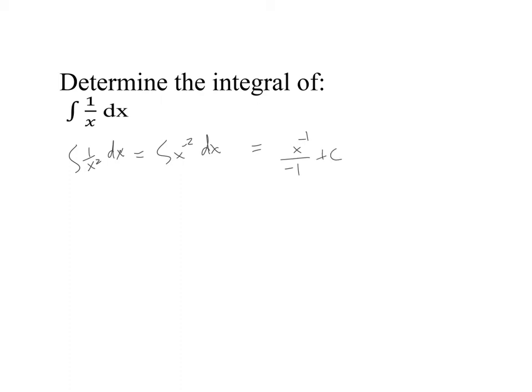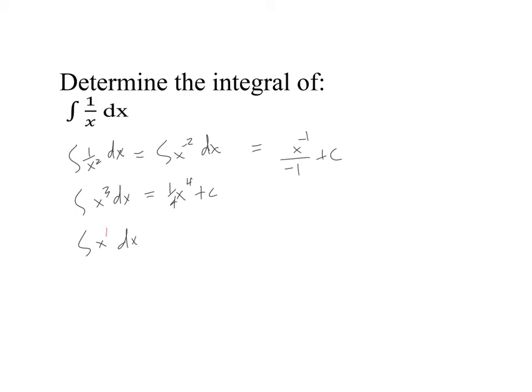So if it was a positive, like 1 over x squared, it worked fine. If we had just a regular positive exponent, obviously those ones worked fine because we just raise the power and divide by the new power. And even if we did something like just x to the 1, we don't need the power in there, but we could treat it like x to the 1.